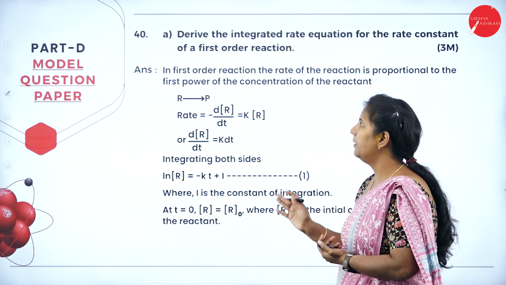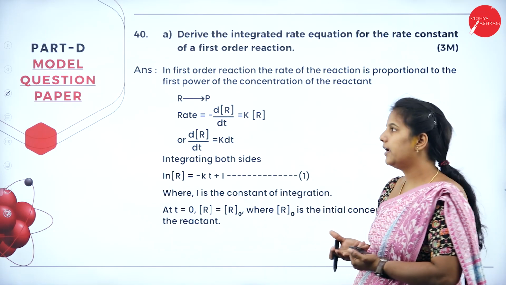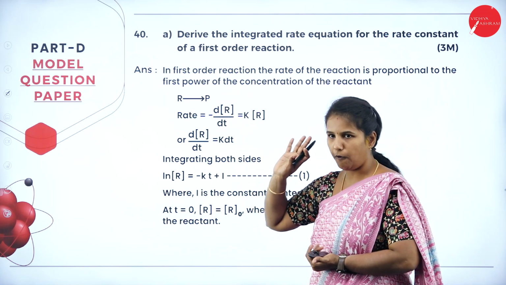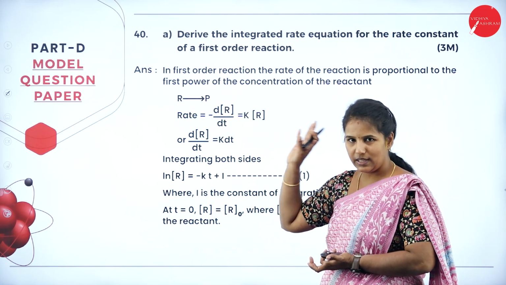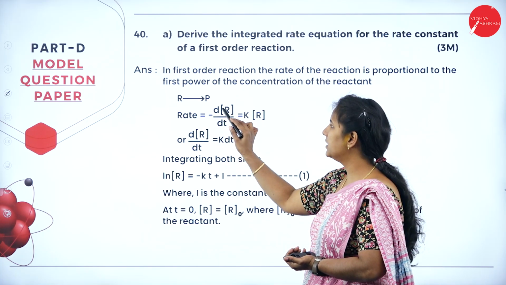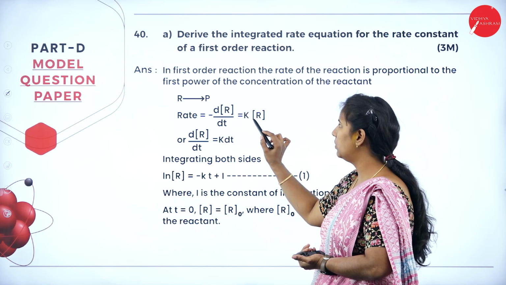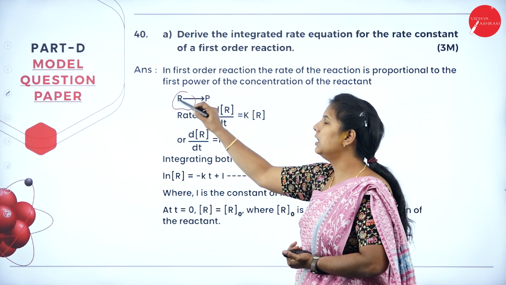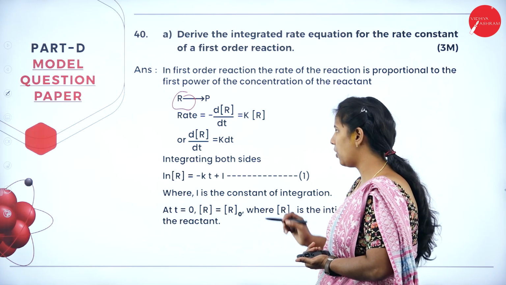Okay. Remember, if they ask you to write the integrated rate equation, write in your own way that a reactant is going to form a product, and write the rate for the given equation that you have considered. That is, rate is equal to minus dR divided by dt, which is equal to k into R, because we are writing the rate of the reaction only for the reactant, not for the product.